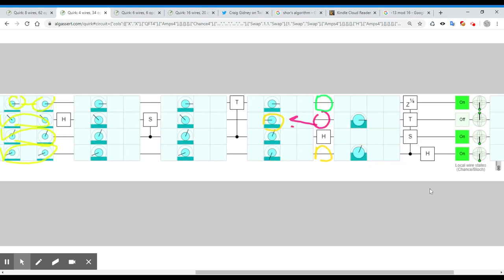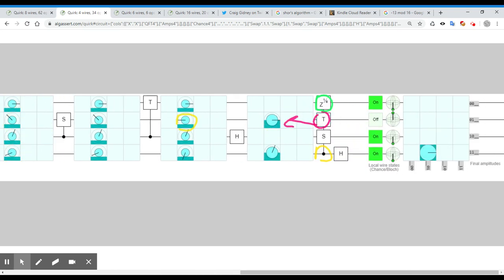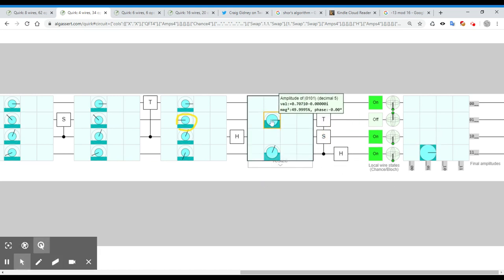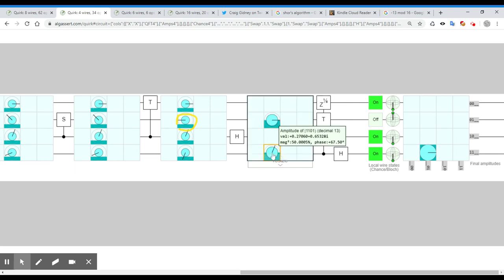And the same story here, right? So basically this rotation is going to apply if there's a 1-1 here, which there is.